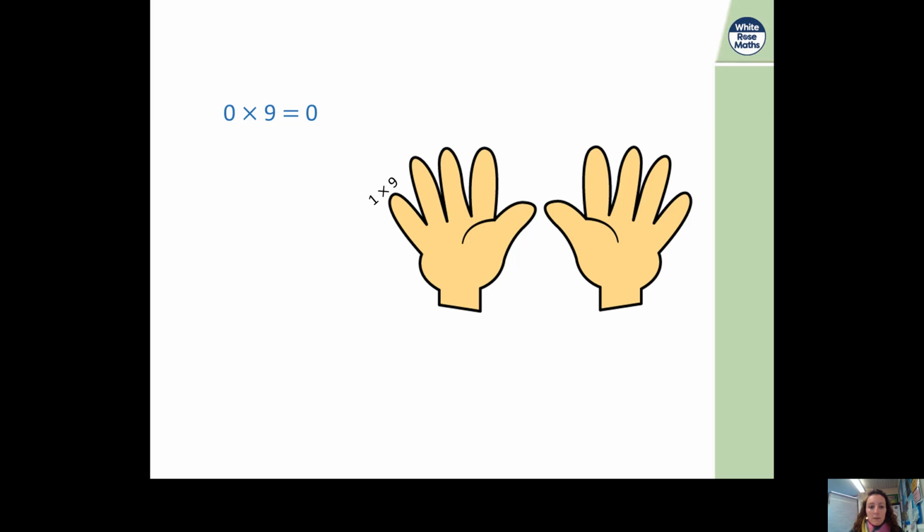So 1 times 9. The 10s are going to be on the left-hand side, and if we cover up our little finger, which represents 1 times 9, there are no 10s, but if we look at how many fingers we've still got in the air, we've got 9. So 1 times 9 equals 9.